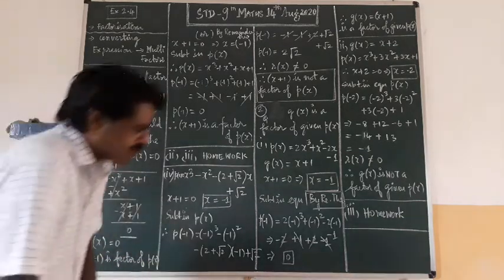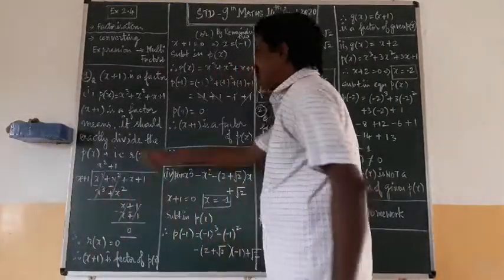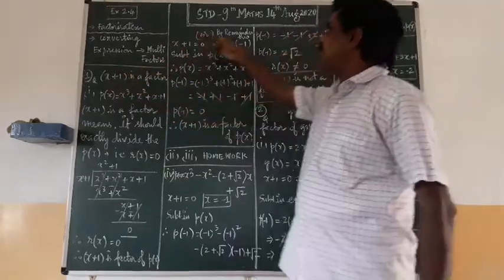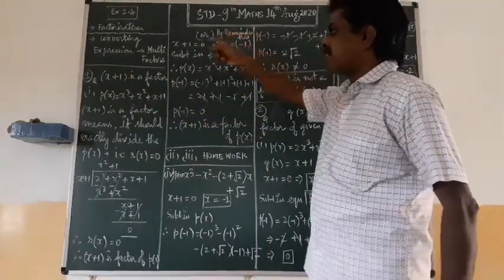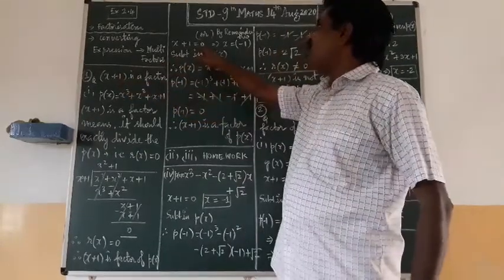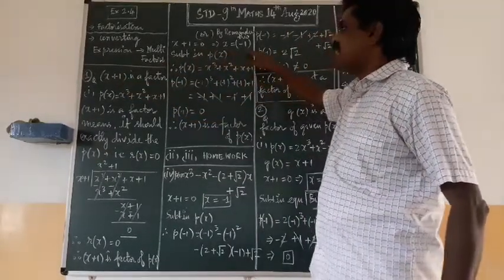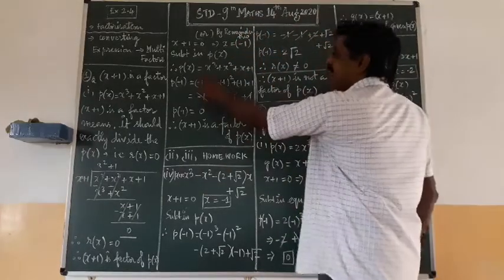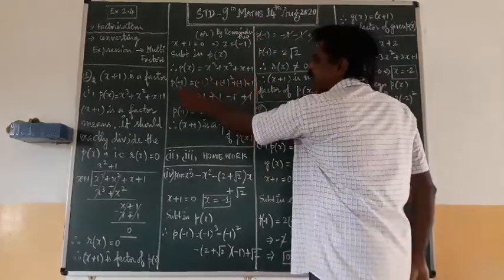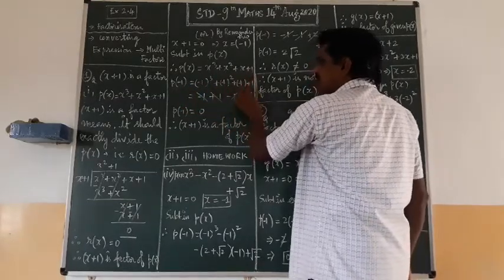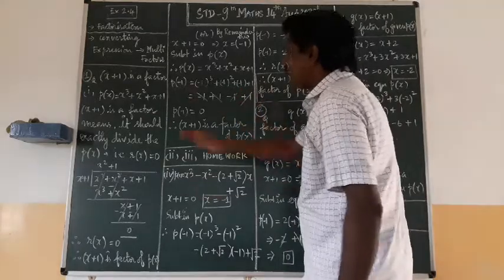The same problem we can do by the remainder theorem. If x plus 1, a linear polynomial, is there, we can do it by the remainder theorem also. What is the remainder theorem? If it is a factor, equate this factor to 0 and find the x value: x equal to minus 1. Substitute this minus 1 in p of x. So p of minus 1 is minus 1 cube plus minus 1 raised to 2, minus 1 plus 1. Now I am simplifying.